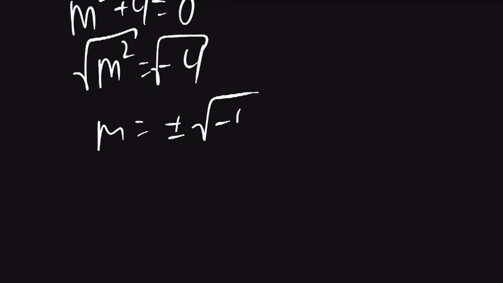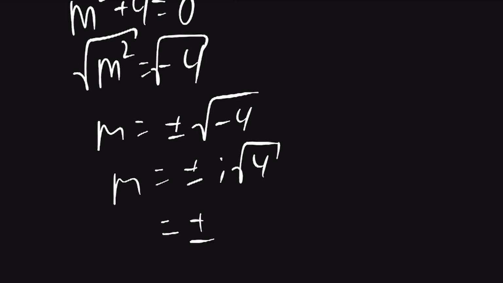minus the square root of negative 4, or plus or minus i times the square root of 4, which is plus or minus 2i. So m is equal to 0 plus or minus 2i.